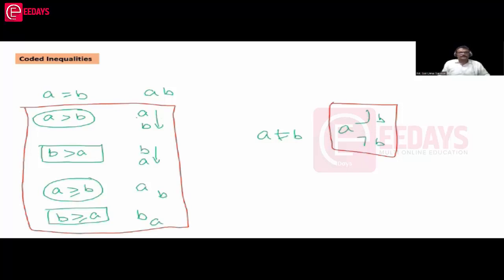So if you remember these six images, a equal to b and the inequalities, it's very easy to get 5 marks within 1 or 1.5 minutes. It's very simple, but you must remember the representation of the data. That is very, very important in coded inequalities.